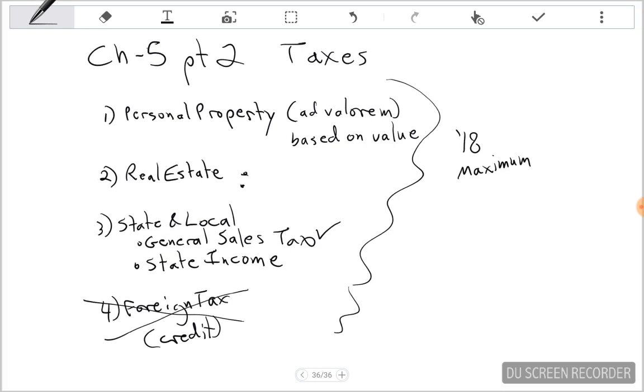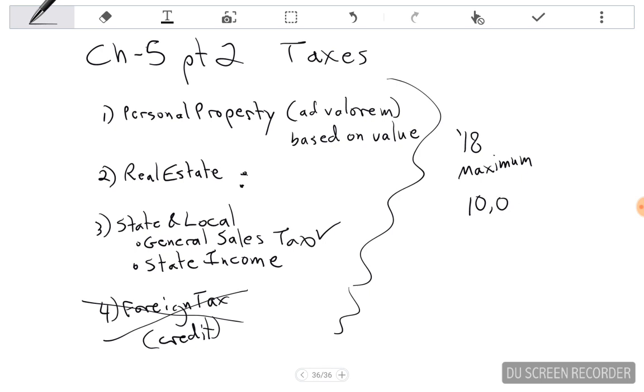We have a maximum threshold of $10,000, okay? So any taxes you pay between these three categories, any taxes you pay in excess of 10,000, you don't get any tax benefit for. So before, yeah, you could, but now your maximum benefit is up to 10,000, and most folks will eat that up with property taxes or real estate taxes.